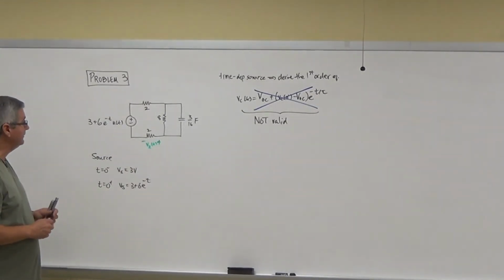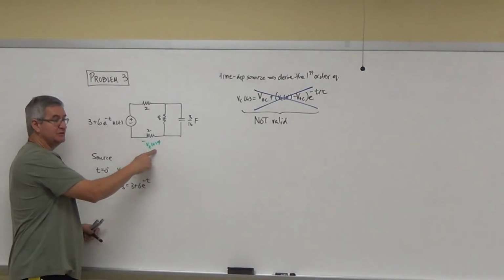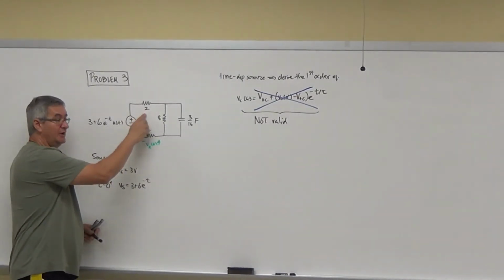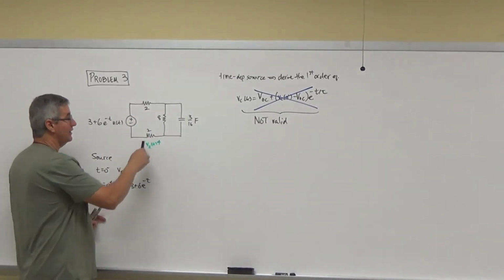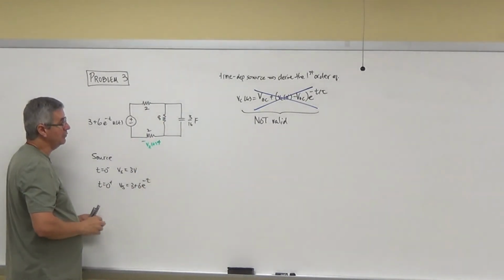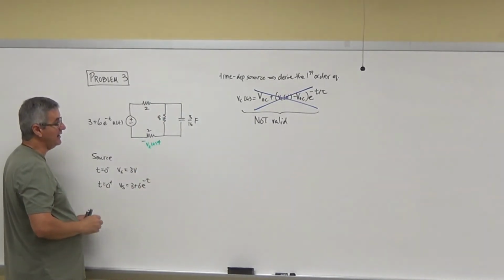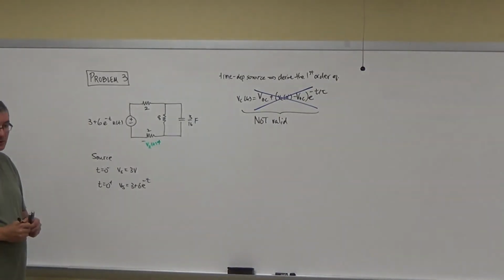What I'm seeing here is that since these two are in series, the current through this resistor must be the same as that resistor, so I'm going to treat them as the same. I can do a KVL all the way around, but I'm going to draw in my nodes just to make sure we're really clear.